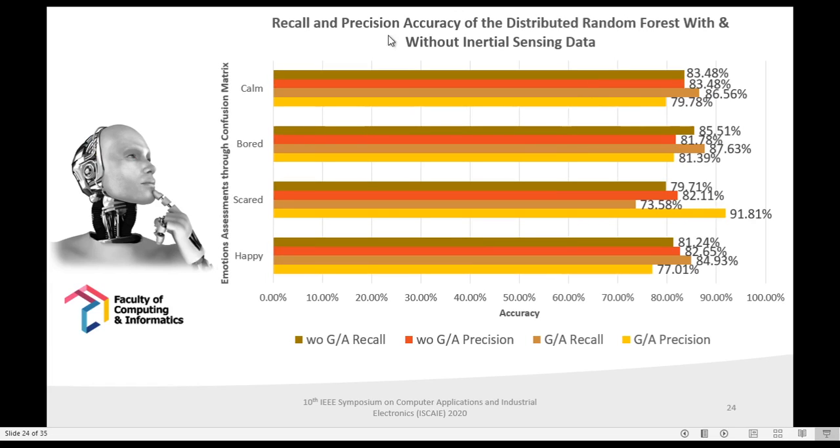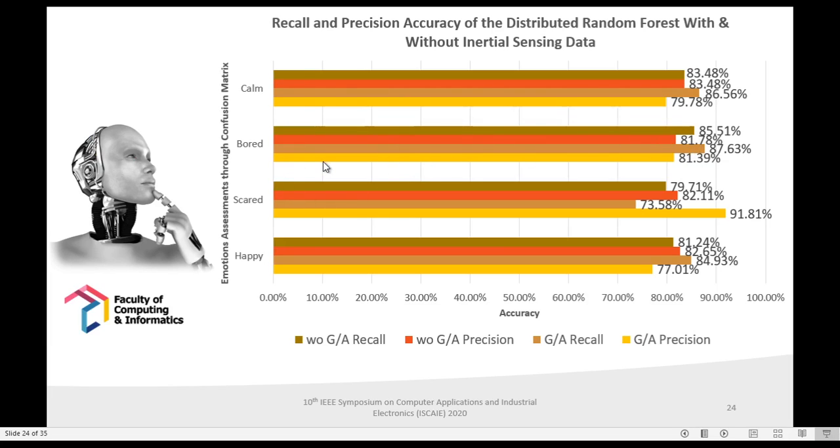Lastly, we look at distributed random forest. Again, we see scared actually obtained the highest precision accuracy, whereas calm and happy suffered slight degradations. Bored also suffered a little bit in precision value.